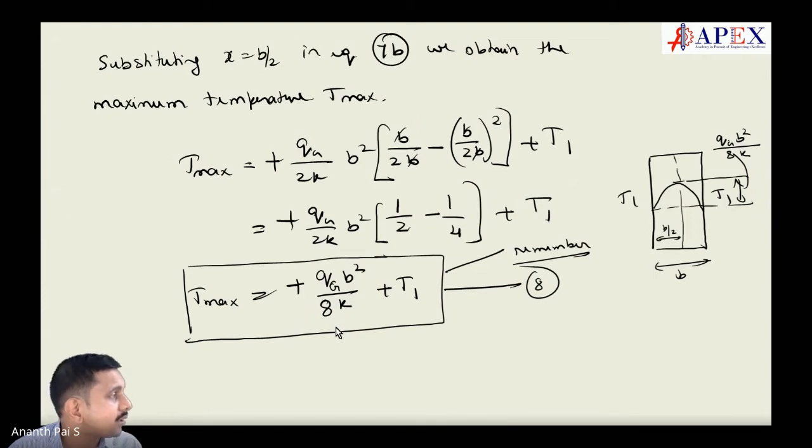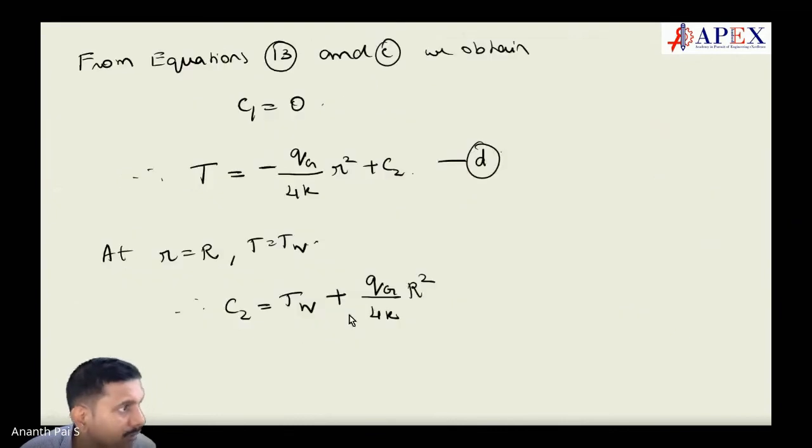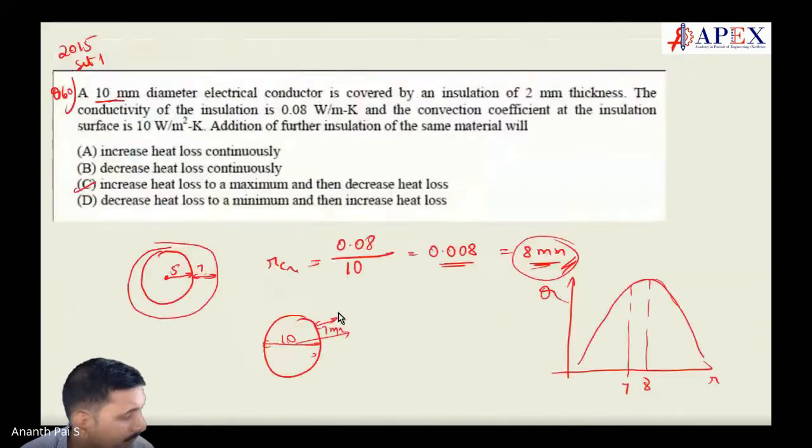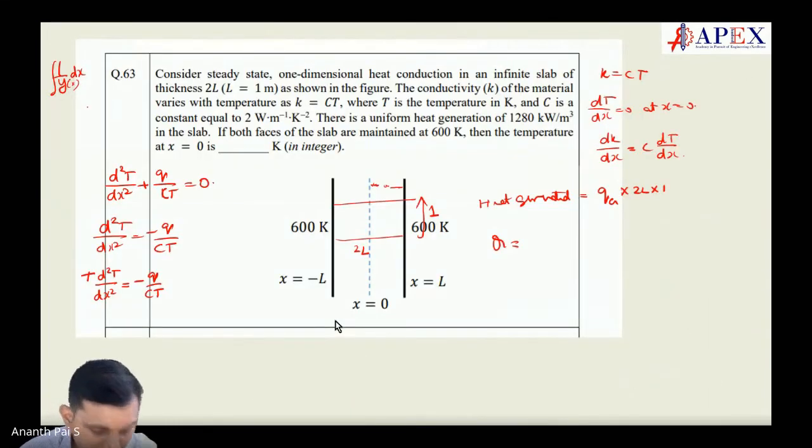So what is that? How do you get that? You will get it. I am not saying you will not get that, but you'll get it only at one end. See here, one way we can do is, yes, you can write Q is equal to K dT by dx. Now tell me how you proceed. What is Q? Q you can write as the total heat generated.